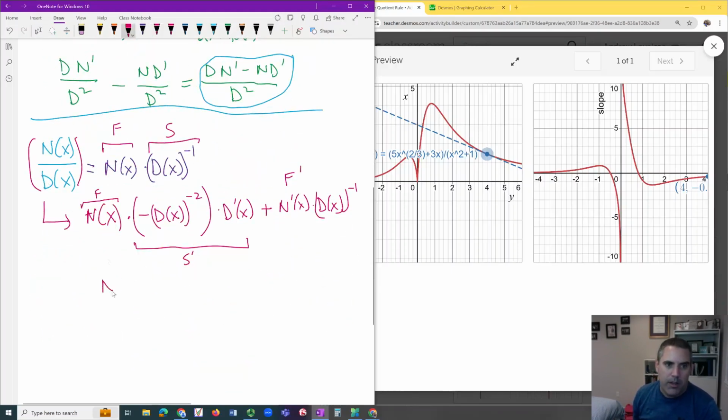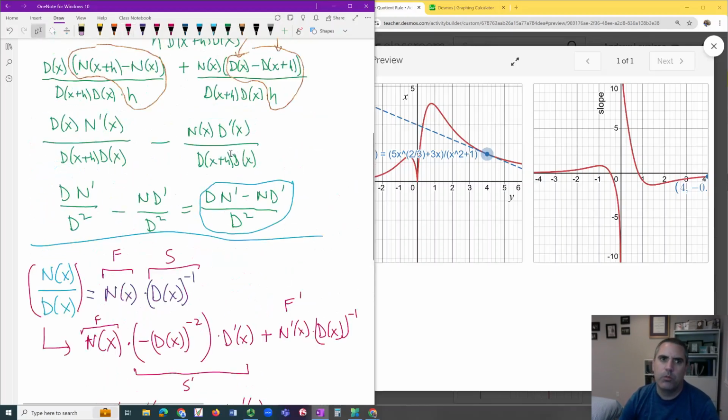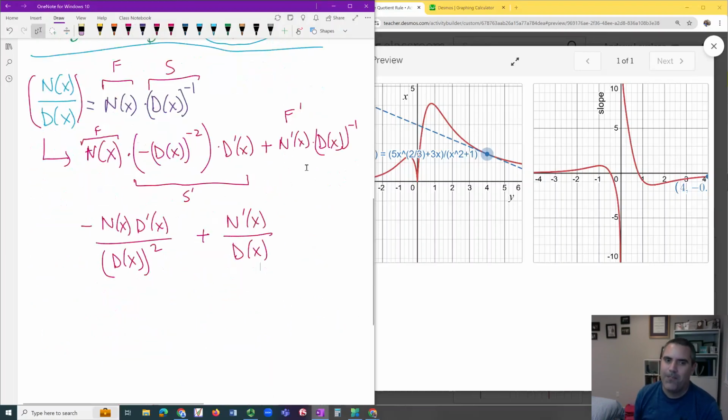They would write n of x, and they'd rewrite all this. There'd be a negative from there, there'd be a d prime of x from there, all over d of x squared. That would be this first term. And the second term would be n prime of x over d of x. You might say, is that the same rule? It's one of the versions we talked about.